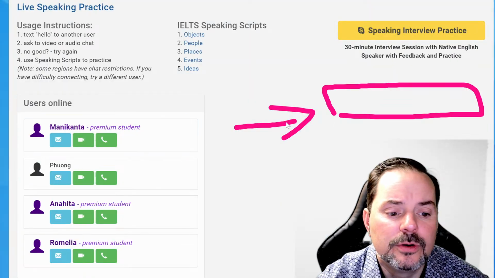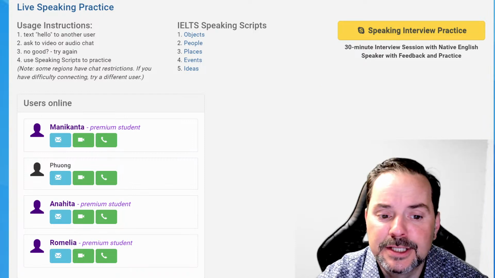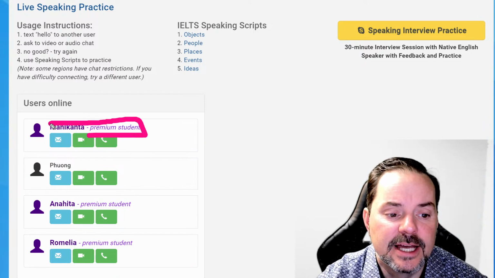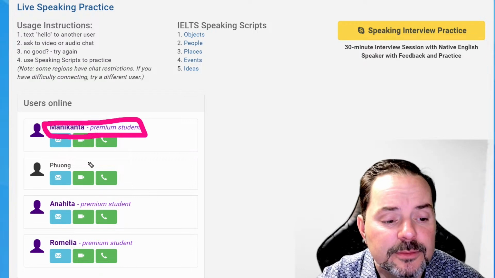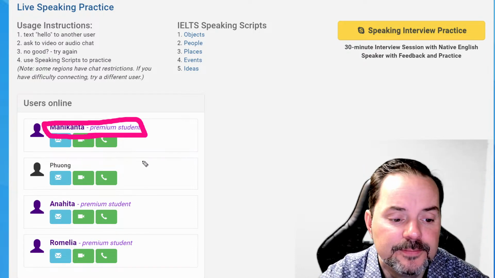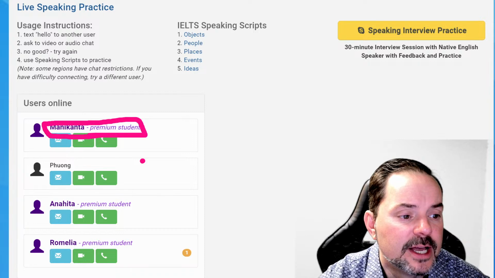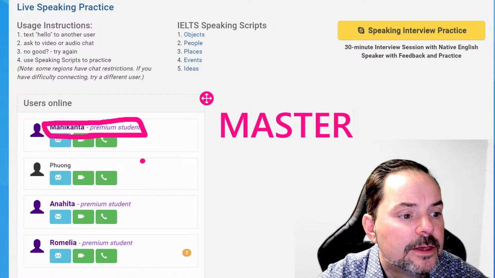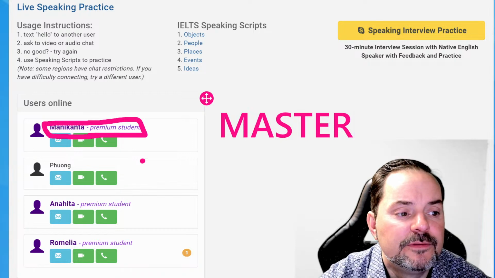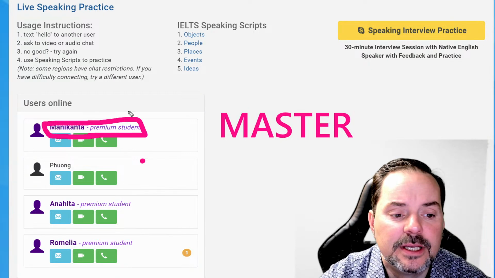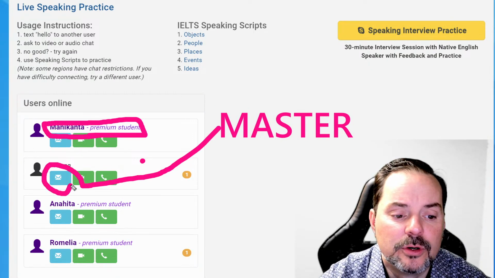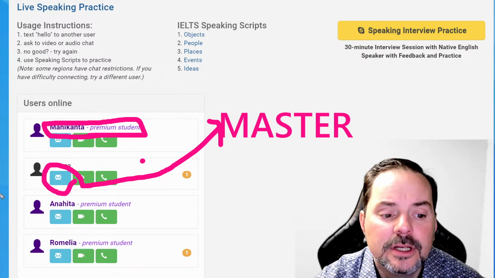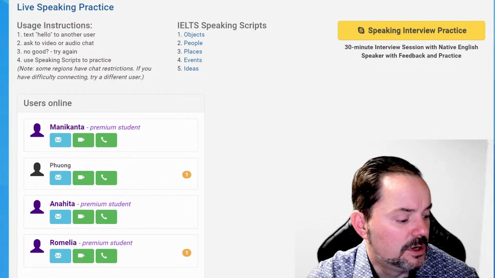And then you're going to see your fellow classmates in here. Some of them will be tagged with the premium student badge, so you know they're in here regularly. Some of our members are in here, like Fuang. Now you'll see me in here as well. You're going to see me in here as master. When you find me in the list, simply just click the blue envelope next to my handle and then send me a message like Fuang just has.